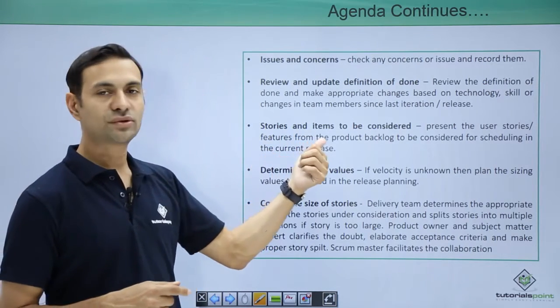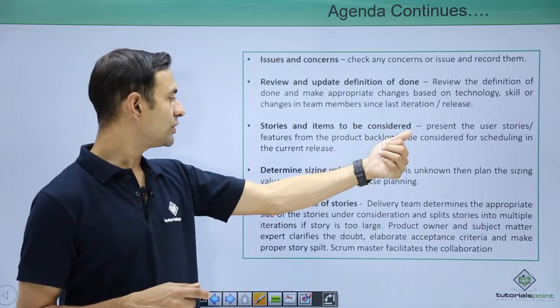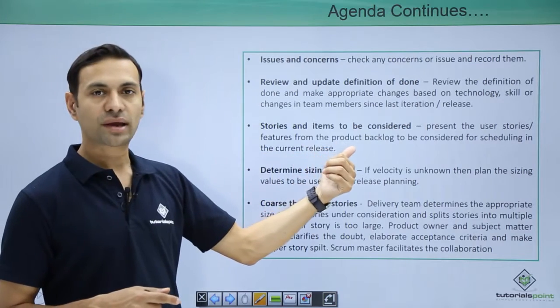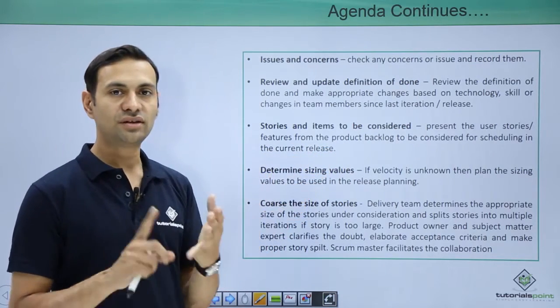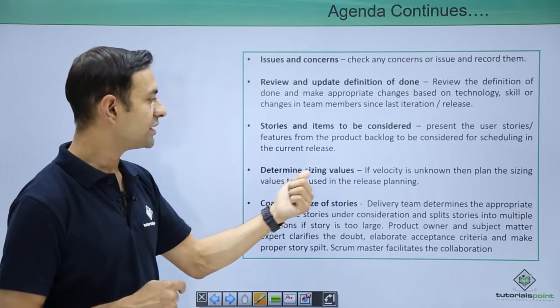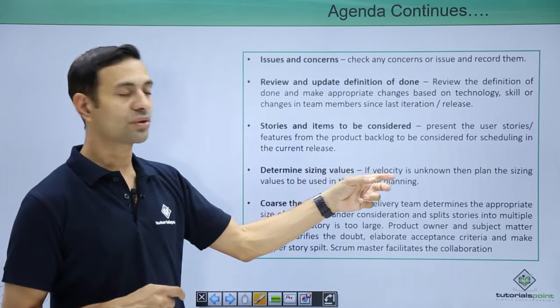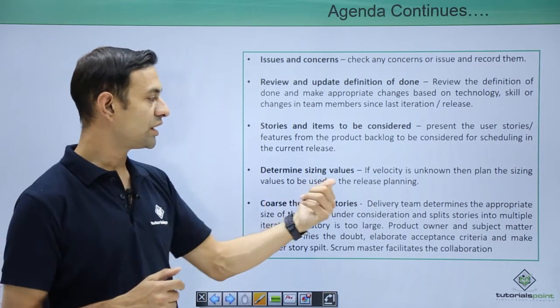Then stories and items to be considered. This step is the actual thing. We need to present the user stories and features from the product backlog to be considered for scheduling, meaning these features are to be developed in the current release. Determine sizing value. If velocity is not known, then what to do? Then plan the sizing values to be used in release planning.